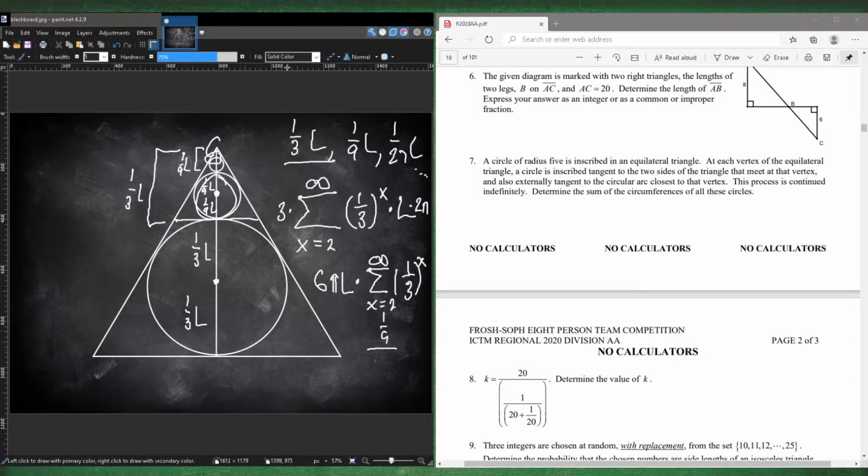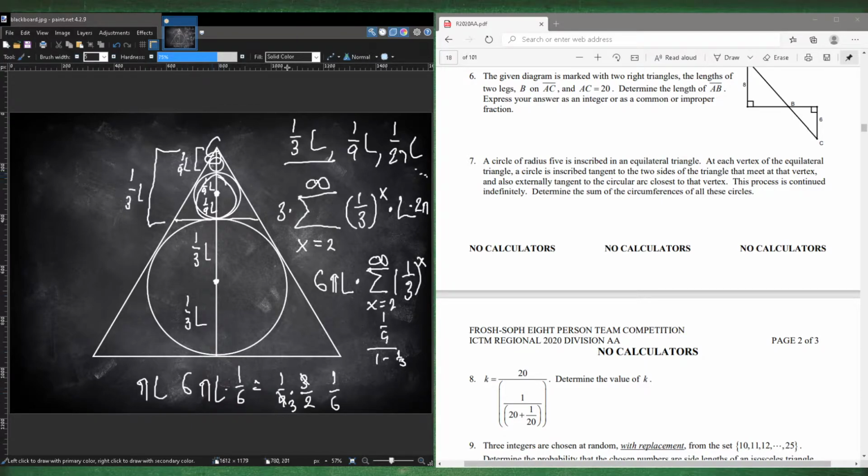So 1/9 over 1 minus the ratio. The ratio is 1/3, so that will be 2/3. 1/9 divided by 2/3 is the same thing as multiplying by 3 over 2, so that is going to be 1/6. So we have 6 pi L times 1/6, which is equal to pi L.